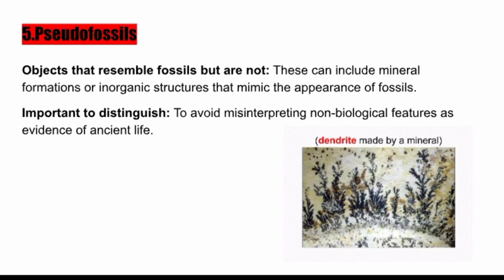Why is this considered a fossil? Because it is a distinct type of fossil, which is important to study, to distinguish it from the living fossils. So this is the need to classify pseudo fossils.